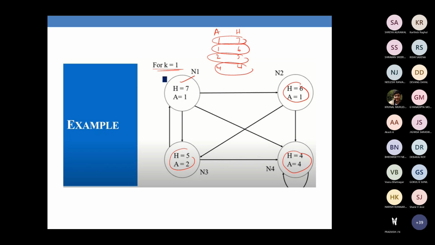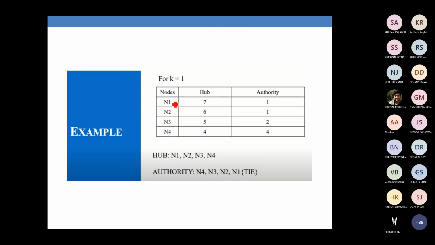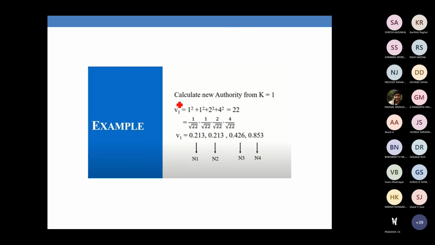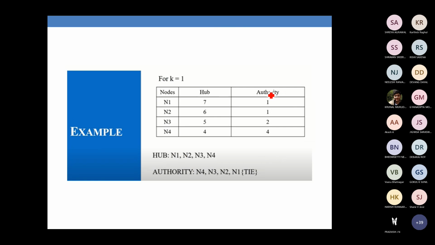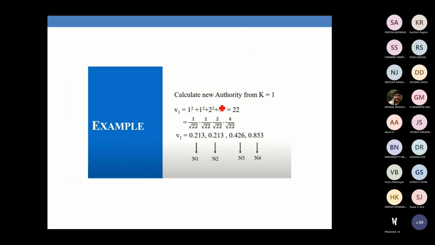The next step is to normalize the new authority scores, because these values are unbounded. They don't have any boundary; they will keep on increasing: 7, 10, 20, 30, 40. So how to normalize it?